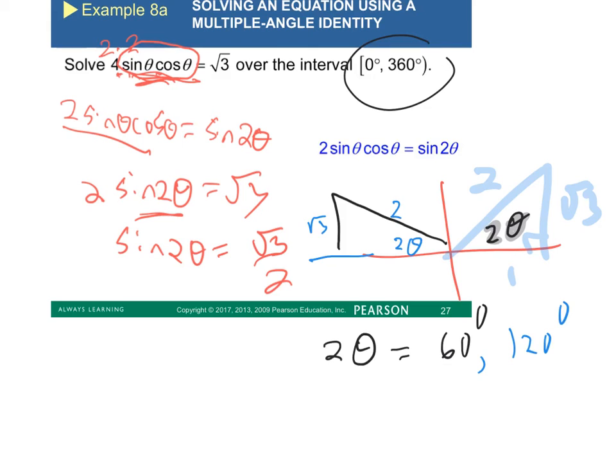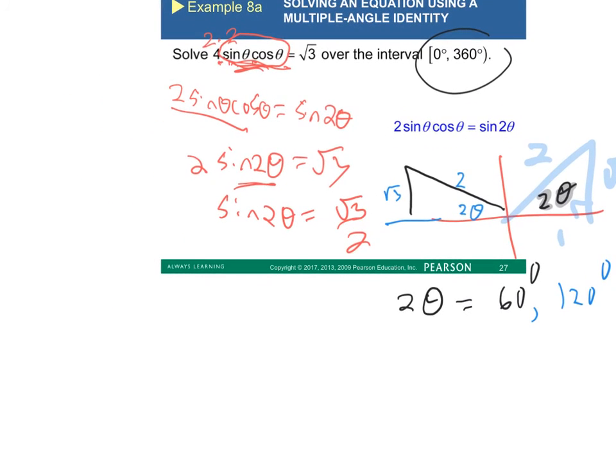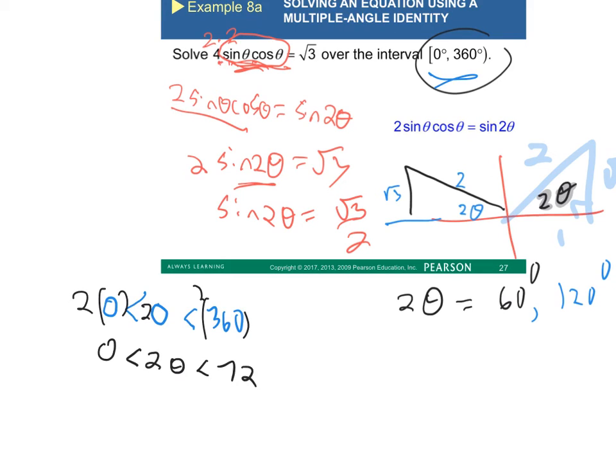But wait, there's more. If theta is greater than 0 but less than 360, that's my interval here, that actually means 2 theta would be times 2, 0 less than 2 theta less than 720.